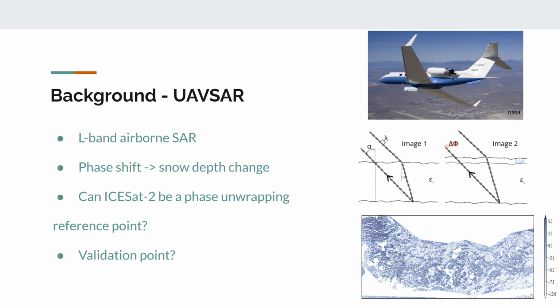Typically, it seems like the UAVSAR snow team has been using SNOTEL sites for the reference point, but one of the ideas here was that if you have a UAVSAR and an ICESat2 point where the two beams cross, that's contemporaneous with the UAVSAR acquisitions, maybe you could use that known difference as a reference point also. We'll get more into that.